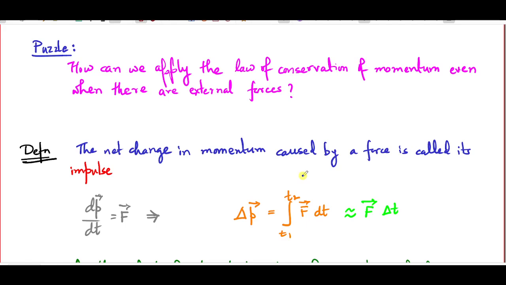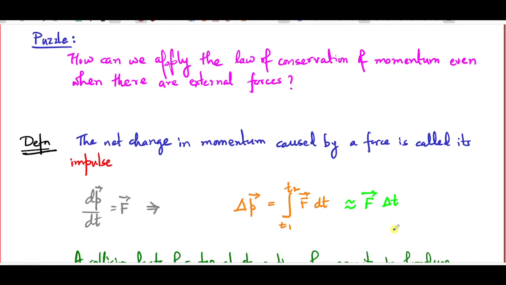And if the force is more or less a constant during the interval, you can drag it out of this integration and you will get F vector times the time interval. So, the impulse produced by a force is essentially its size times the time interval over which it acts.